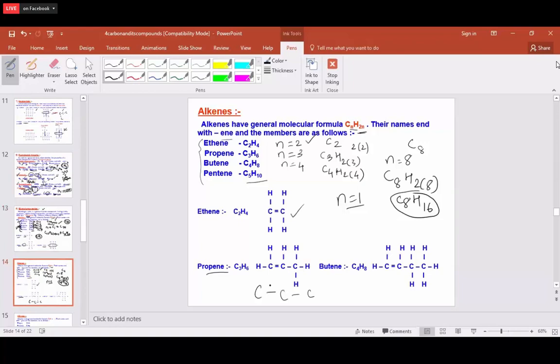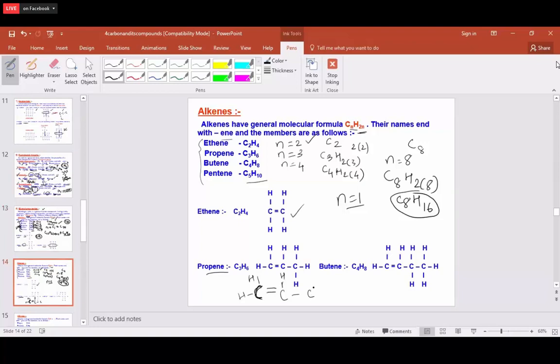If you place the double bond here, we have to make sure the carbon atoms are balanced. This carbon already has two bonds here and one bond with the hydrogen atom, so 1, 2, 3. Three bonds are already over, and the other bond we satisfy with a hydrogen atom.